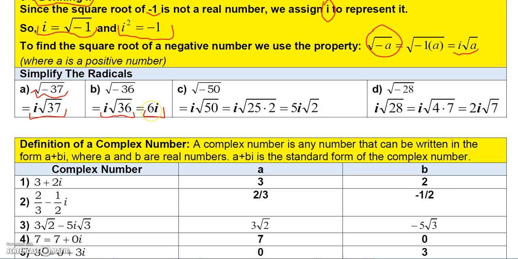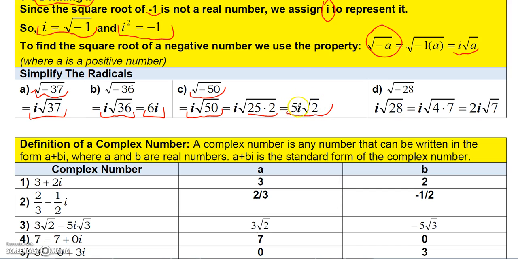Generally, you put i to the right of an integer or a whole number or even a fraction, but if there's a radical involved, we generally put the i to the left of the radical, as you'll see in the next example. In this next example, I have the square root of -50, so that's going to be the same as i times the square root of 50. And the square root of 50, remember, we can write as 25 times 2, and we know the square root of 25 is 5, so I can pull the 5 out, and I'll write 5i times the square root of 2 because the 2 stays in the radical.